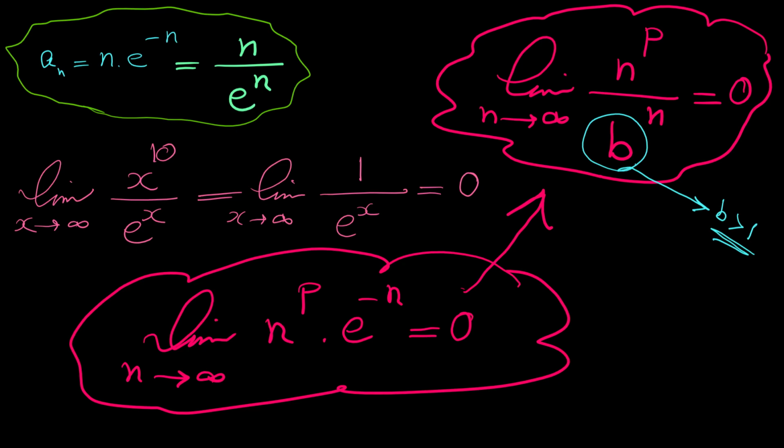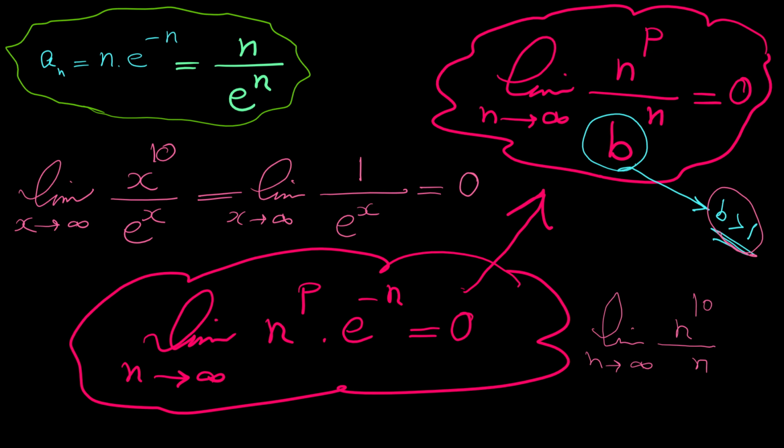Let me show you an example of application of this rule. For example, suppose they ask you what is the limit as n approaches infinity of n to the 10 over, for example, 2 to the n, or 3 to the n, or any number greater than 1, 5 to the n.